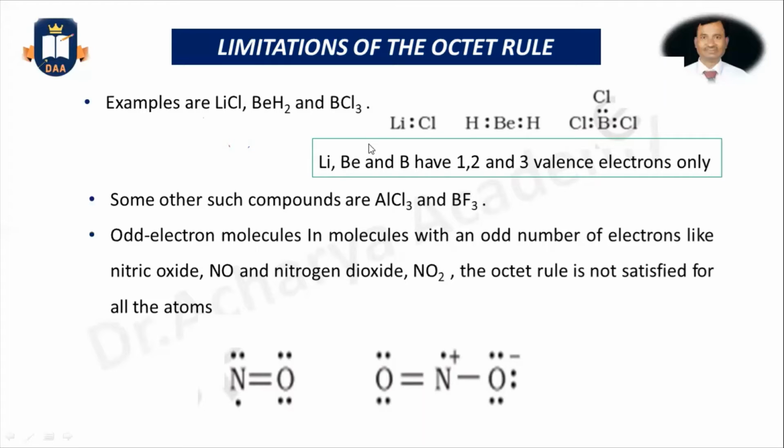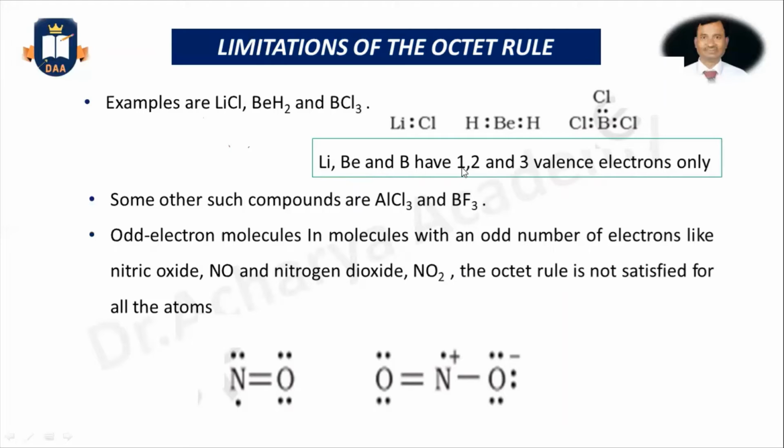So here, I told you that this deviation from the octet rule applies to those elements which have less than 4 valence electrons. In this case, you see lithium's valence electron is 1, that means less than 4.